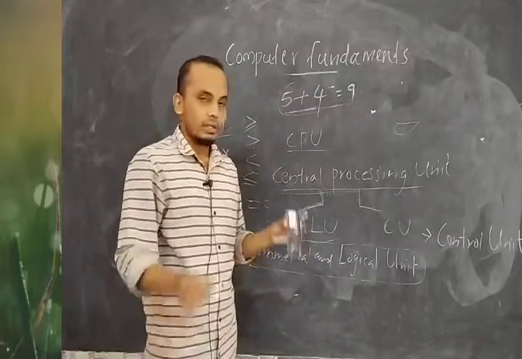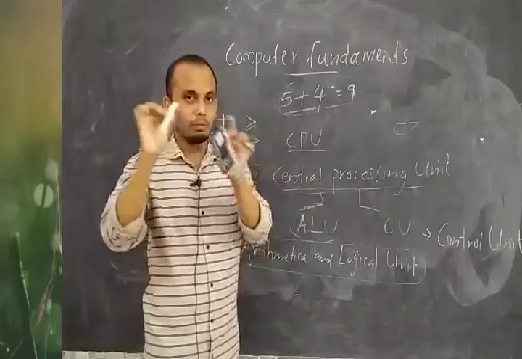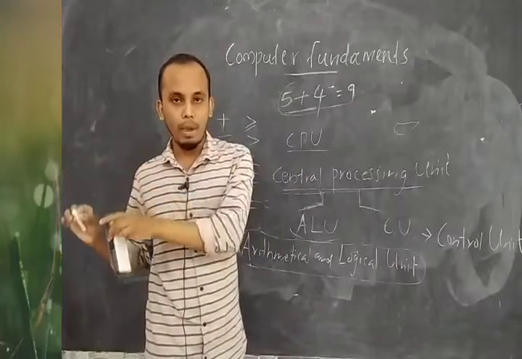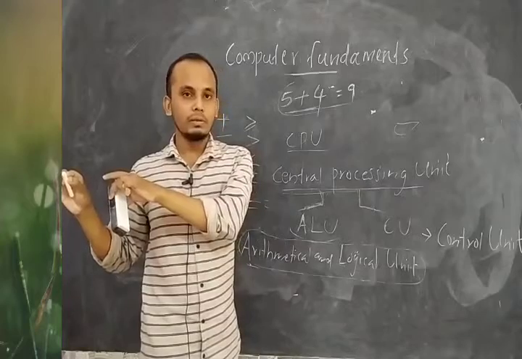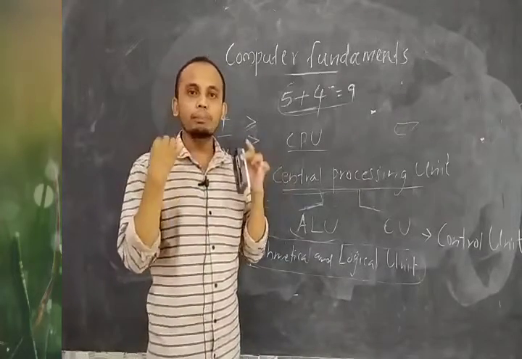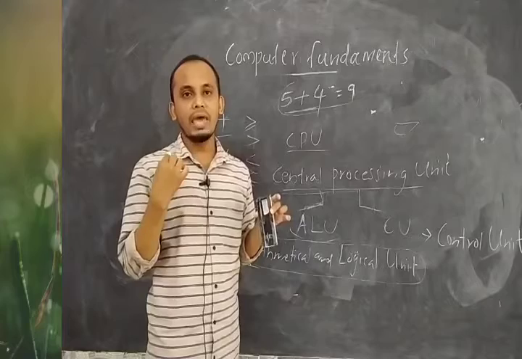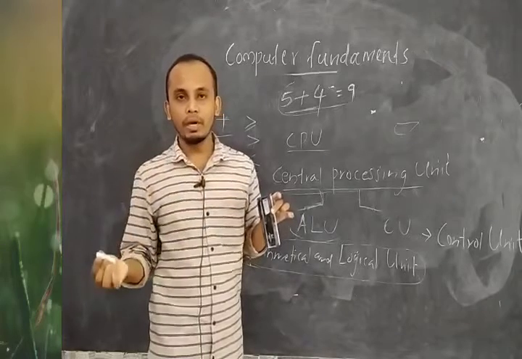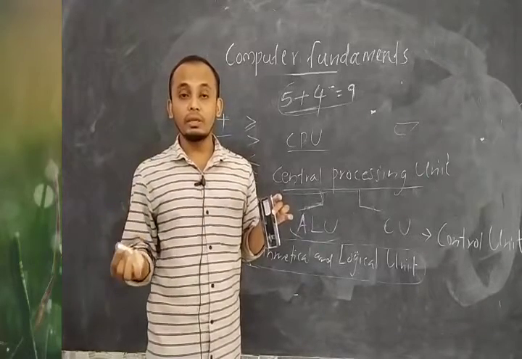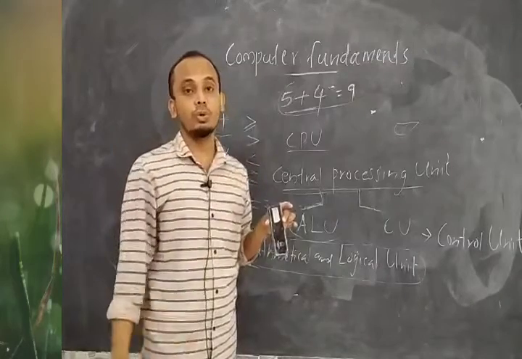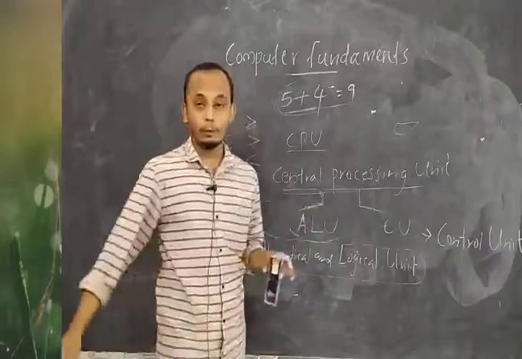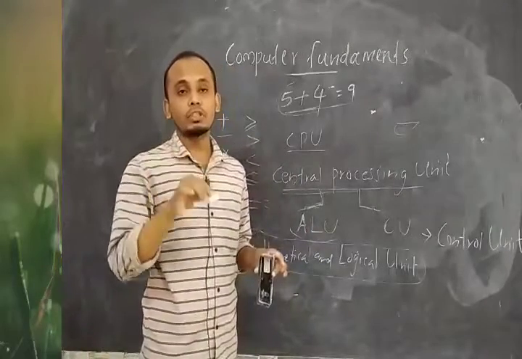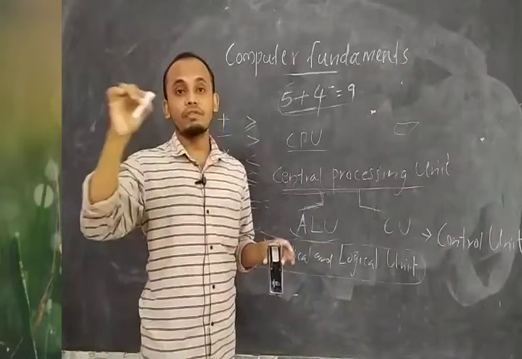Okay, input device, process, then memory also there, then output device. The processor will accept instructions and send them to memory, and memory will give instructions to the CPU, otherwise ALU, and after processing, the result will be sent to where?